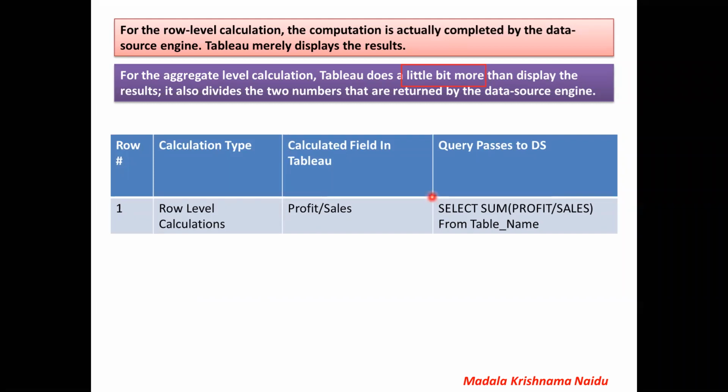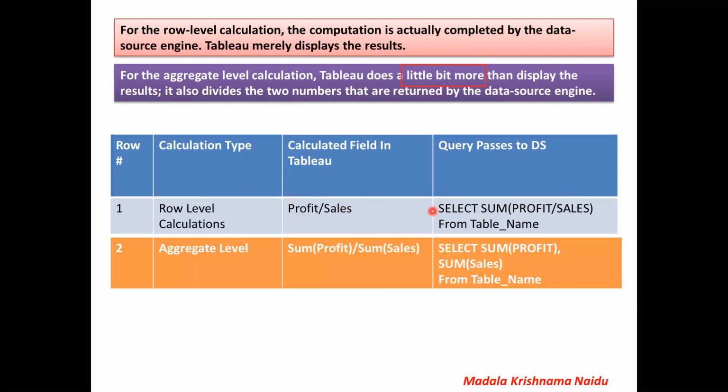So here this is the select query. It is sent to the database and fetches the result. Now what kind of query will Tableau send to the database when we have aggregated level calculations? Now you can see here it is an aggregated level calculation.